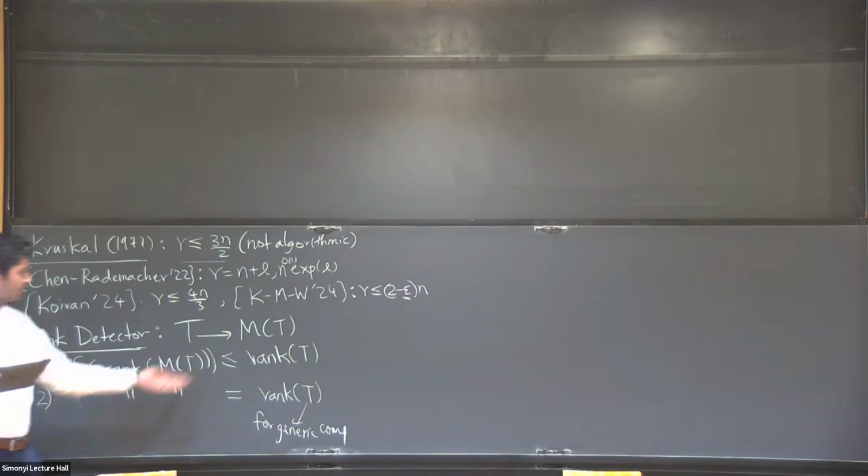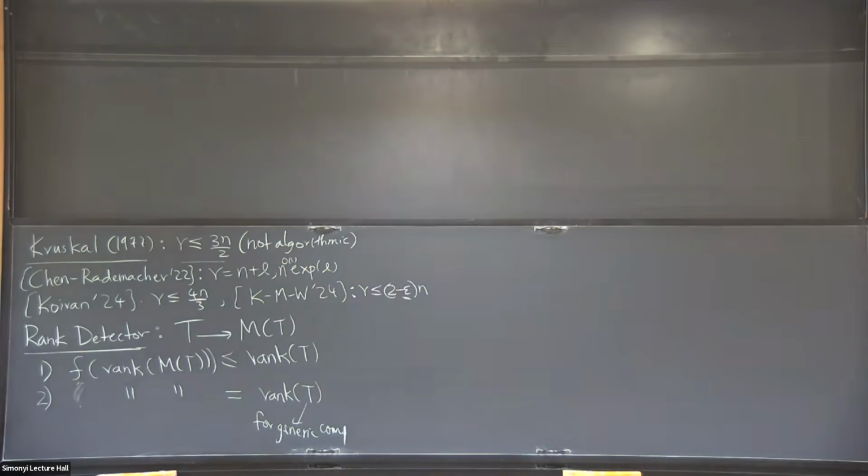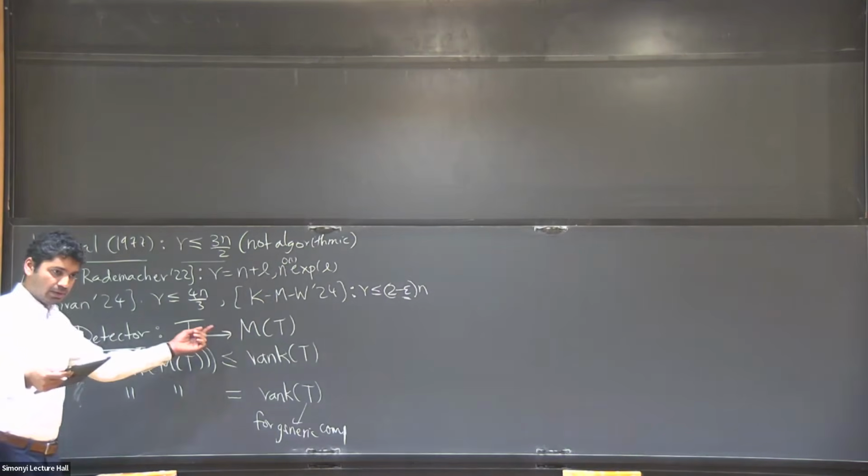If I give you this particular way of transforming a tensor into a matrix along with this function f, then notice that it certifies, because of this correctness property 1 here, that the rank of T is whatever it is. Are we thinking random, like in the Jennrich's algorithm? You mean like the map itself? Yeah.